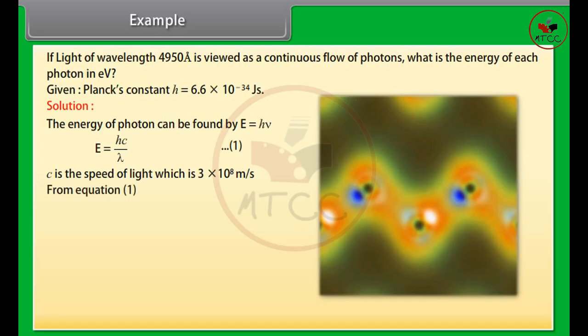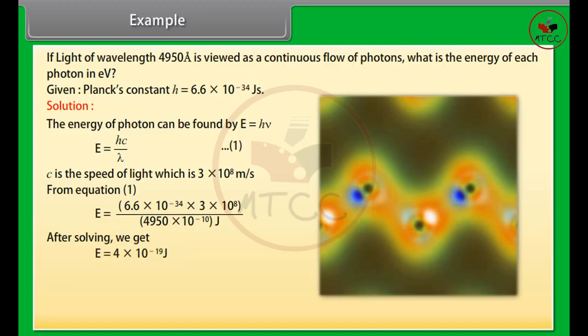From equation 1, E equals 6.6 × 10^-34 × 3 × 10^8 by 4950 × 10^-10 joule. After solving, we get E as 4 × 10^-19 joule.